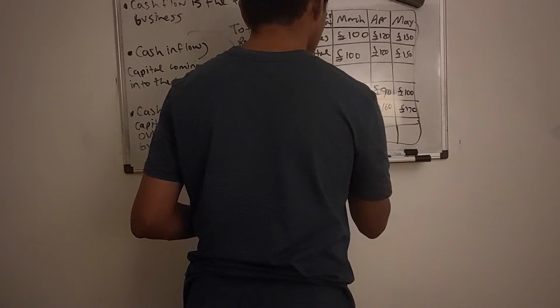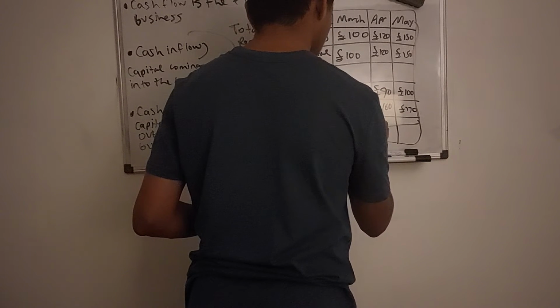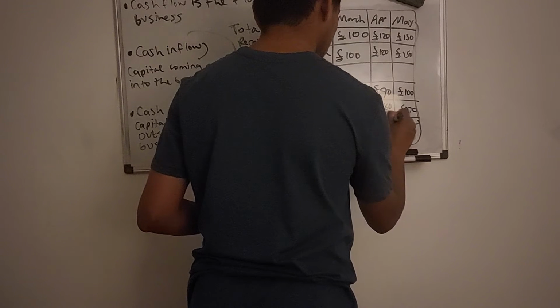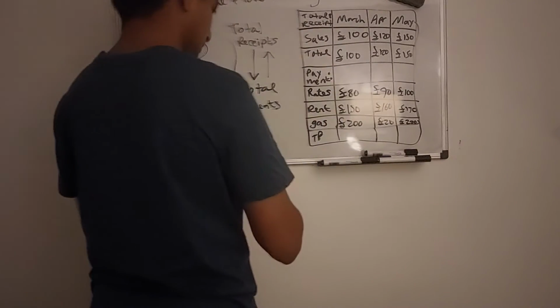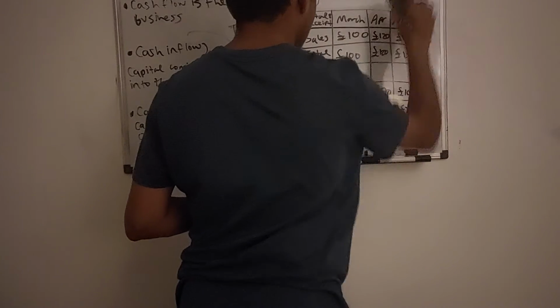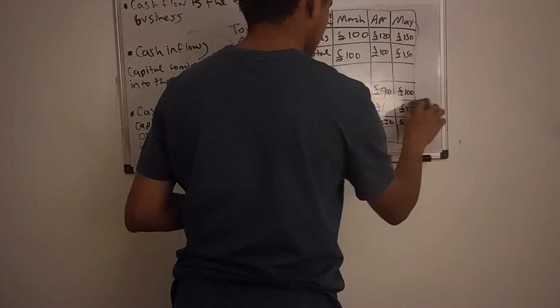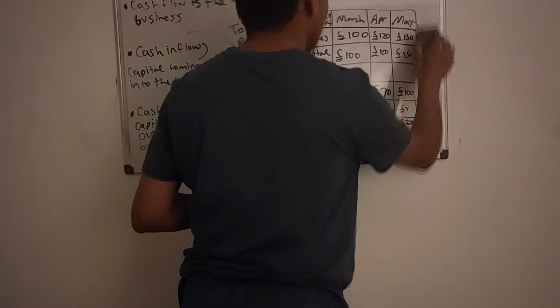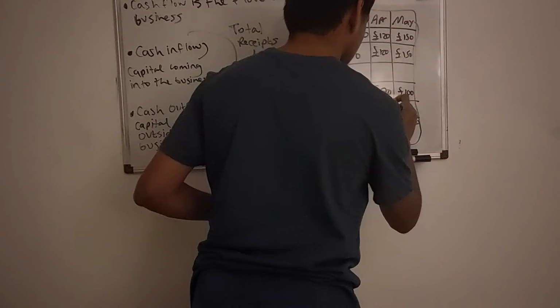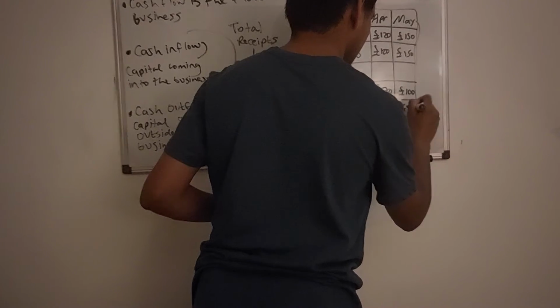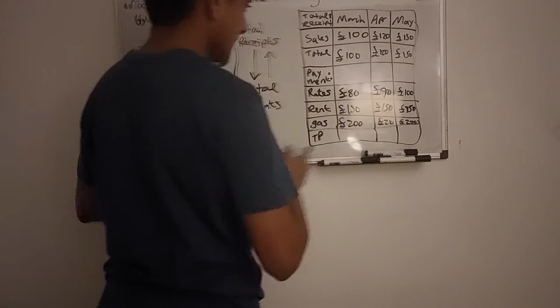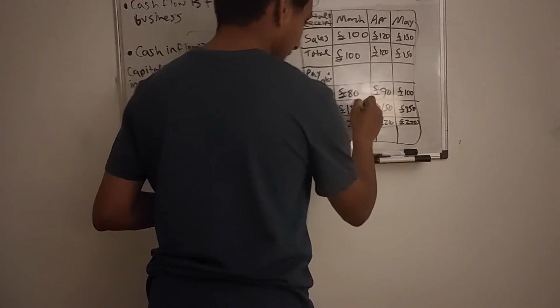Your gas: 200, 210, 220. Actually, I'll change it, because remember, rent is a fixed cost, not a variable cost. So rent is 150, 150, 150.